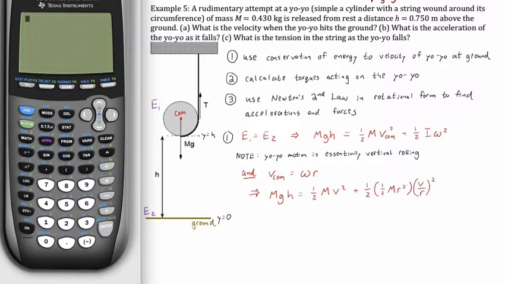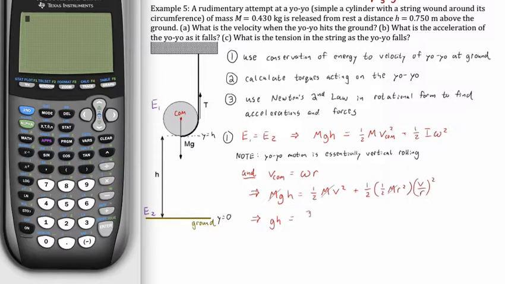Now we can combine our like terms on the right-hand side of the equation. So our m's are going to cancel as well. You might wonder why were we even given it? Well, we were given the m to answer part C of the problem, the tension. So then we're going to have that gh is going to equal 1/2 V squared plus 1/4 V squared.